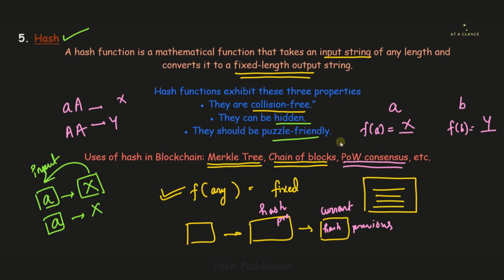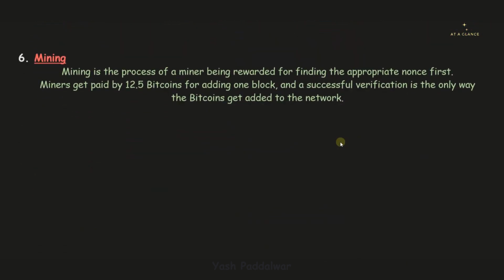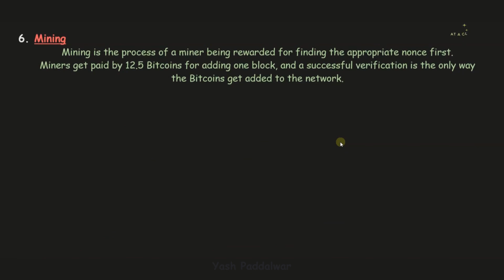Now let's move on to the next component of blockchain, which is the mining component. If you remember, in the nonce component also, we addressed this term, mining and miner. Now in this component, we are looking at it in detail. So what exactly is mining?